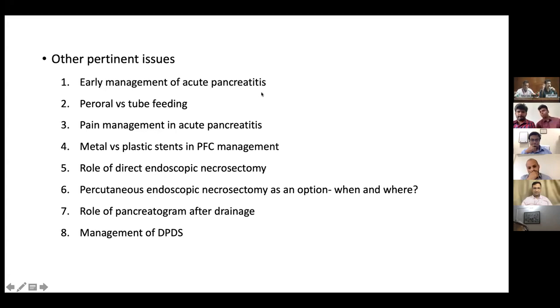And as Dr. Praveer was pointing out, that decreases the gut translocation, and helps re-establishment of the gut barrier function, and probably that decreases the infective risk and the mortality risks later on. So what you're talking about here, Jayant, is probably trophic feeding, giving at least 500 kilocalories per day just to maintain the gut barrier function. Just to maintain the gut, absolutely. So trophic feeding is what we are looking at, and that's something which we can achieve by not giving high-calorie food. It's just giving a little bit of food.